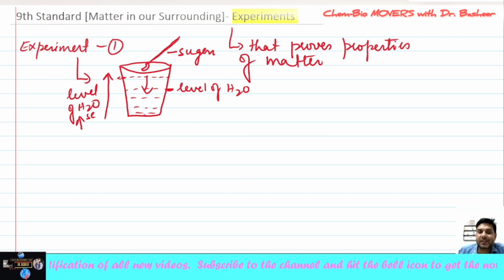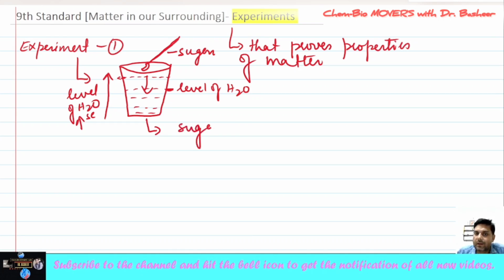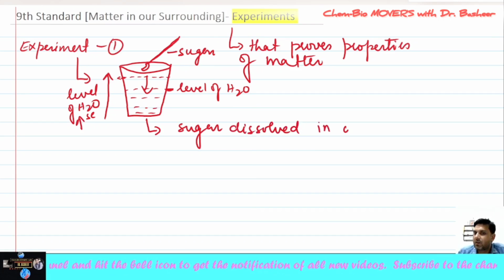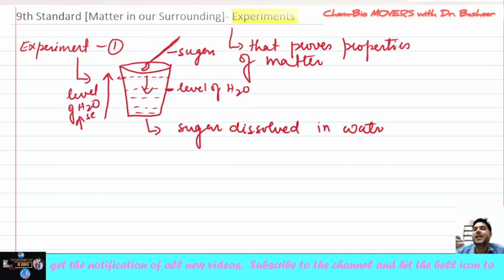Then when we mix sugar and water, what happened? Sugar dissolves in water. That is all that happened, right? When we take water in the tumbler and add sugar, the level of the water increases. When we mix together, the level of the water comes back to the original position.